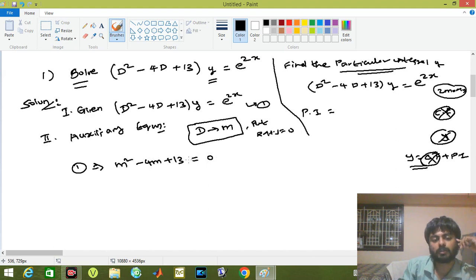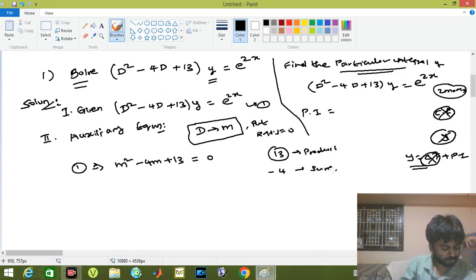Okay, so you have to get 13 as a product and minus 4 as the sum, so it is not possible to factorize it.